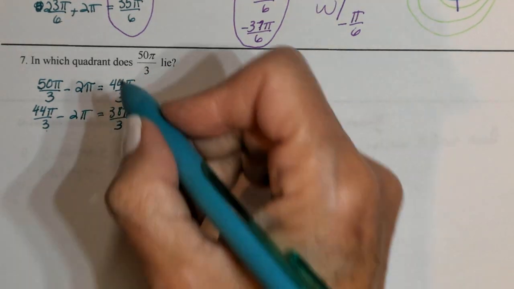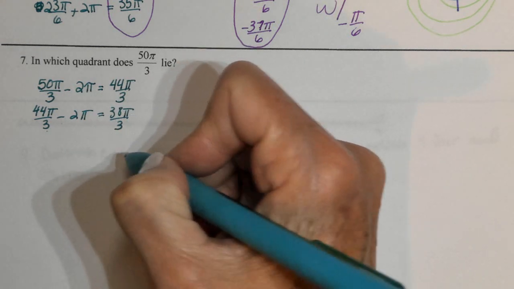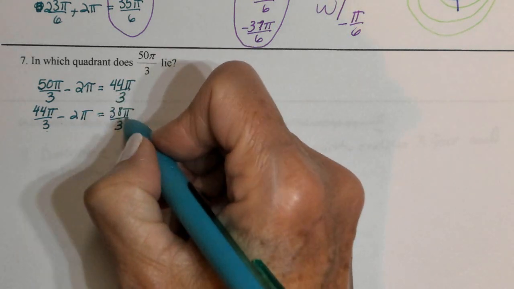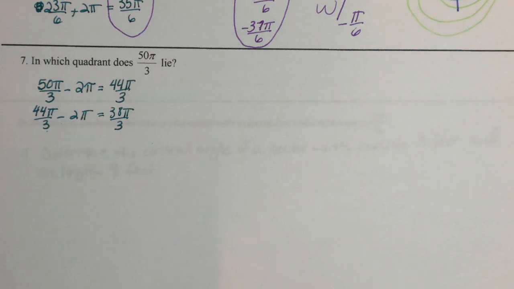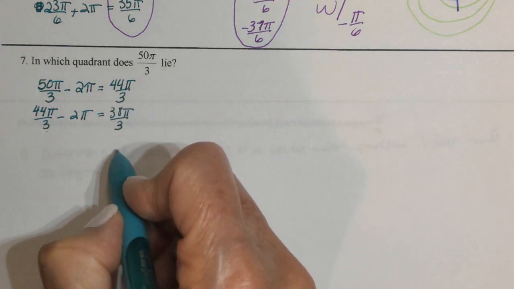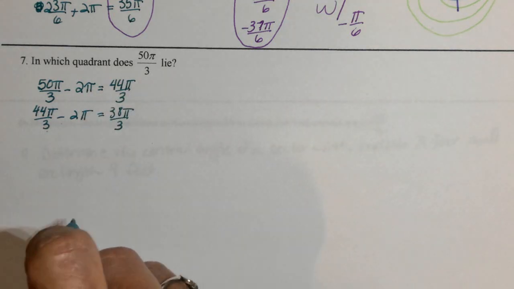Do you agree that I'm subtracting 6 from the numerators? And I'm going to keep subtracting 6 from the numerators until I know where I'm at. Until the numerator is less than or equal to 6. So I'm going to keep subtracting until my numerator is less than 6.